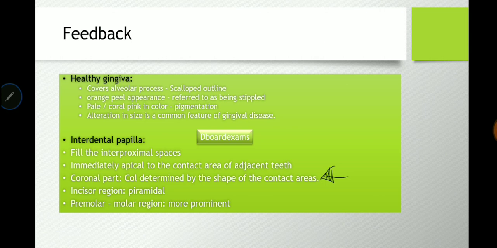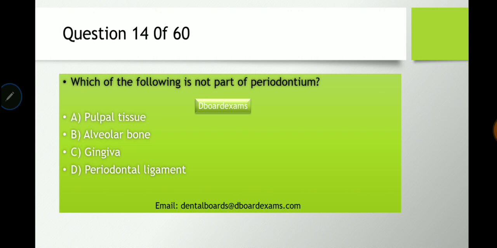Key point to remember. In the incisal region the interdental papilla is pyramidal. Okay? The premolar to molar region papillae are more prominent. Okay? Keep those in mind. Very key important features of periodontics. Okay?